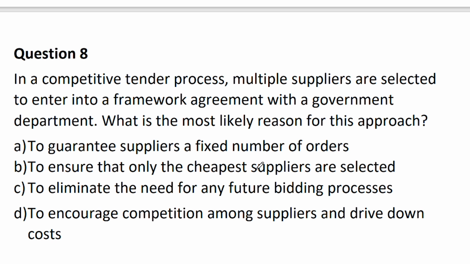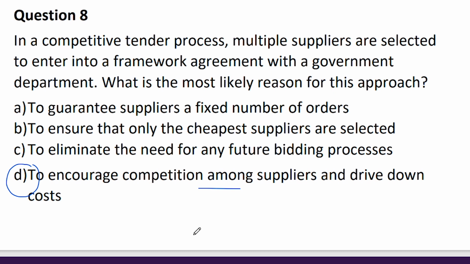The options are to guarantee that only the cheapest suppliers are selected, or to eliminate the need for any future bidding. It's actually to foster competition. So, to encourage competition among suppliers and drive down cost. That is the reason why you have many suppliers in that list, so that the best emerges and then you use the best. Right, so that is framework agreement.